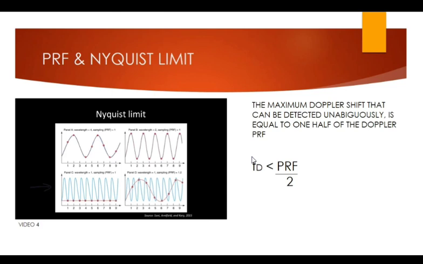So the maximum Doppler shift that can be detected unambiguously is basically equal to 1/2 of the Doppler PRF. So just remember that when you're looking at your frequency shift, your PRF divided by 2 is your maximum Doppler shift that can be detected. Okay?